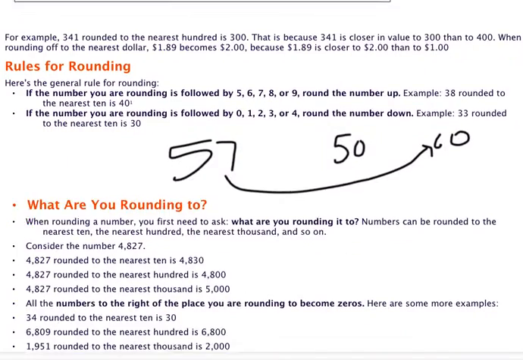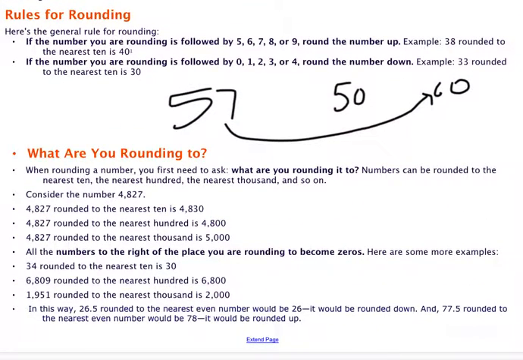What are you rounding to? When rounding a number, you need to ask, what are you rounding to? Numbers can be rounded to the nearest 10, 100, thousands, and so on.